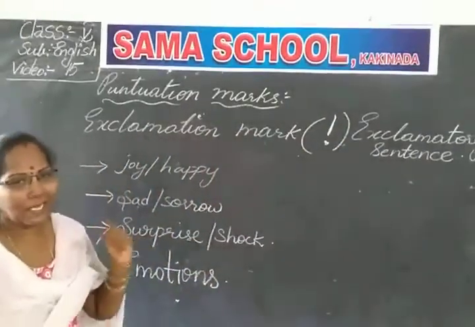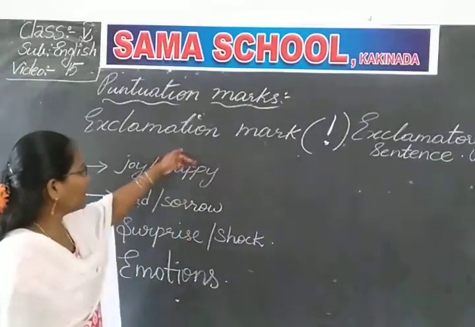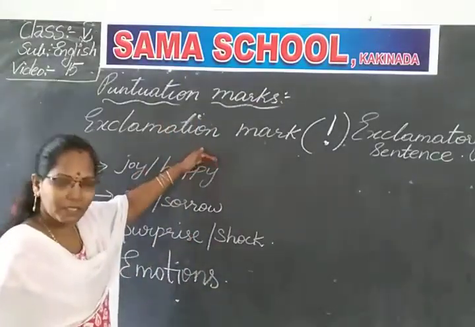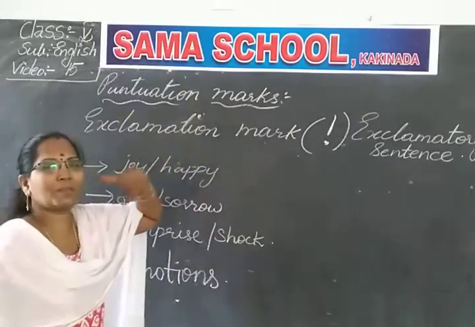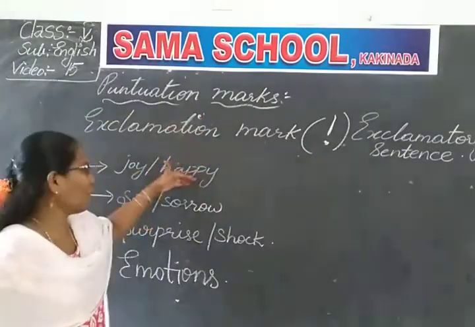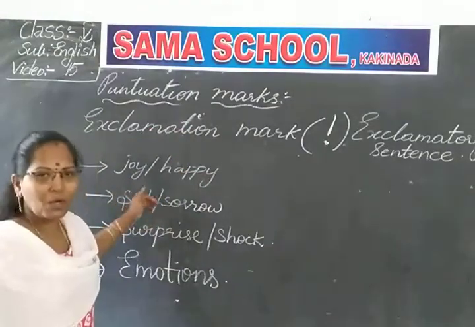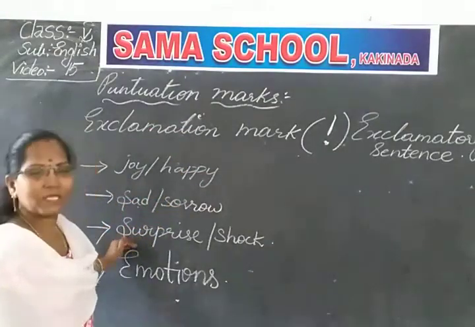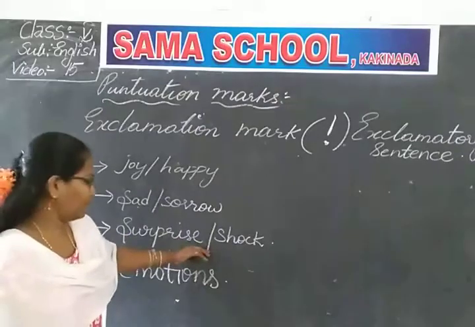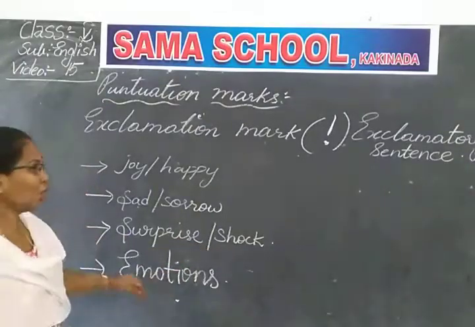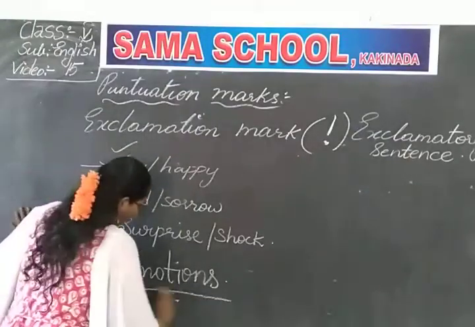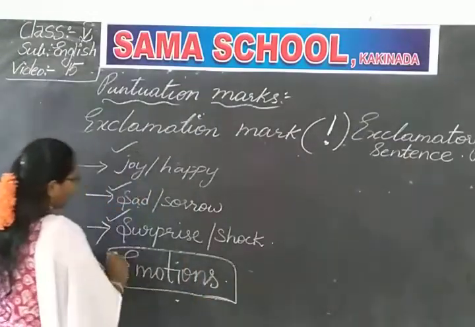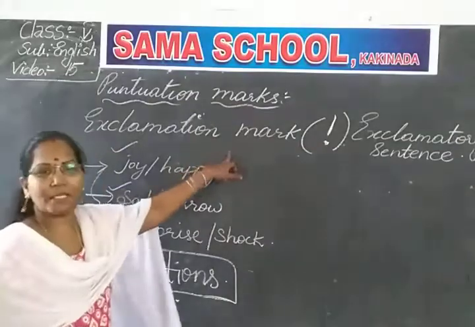If you find the exclamatory mark in the given sentence, we can understand that the sentence is expressing your extreme joy, extreme sadness or sorrow, extreme surprise or shock. Did you understand, children? These all are our emotions. Whatever type of emotion it may be, we use an exclamatory mark.